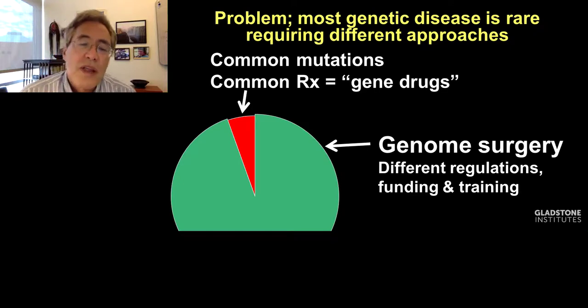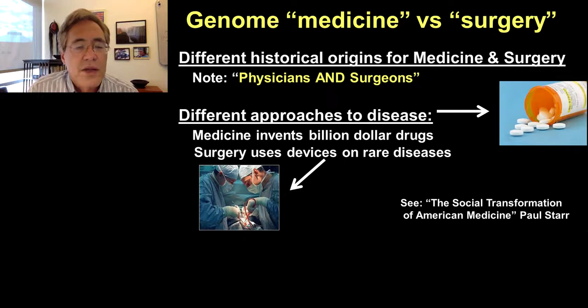One can think about the surgical model, where every patient is different. And it's useful to think about the surgical model because there are different regulations, different funding, and different training that one would use in a surgical model. I just remind you that there are really different heritages and histories for medicine versus surgery. These different historical origins are in the actual words physicians and surgeons.